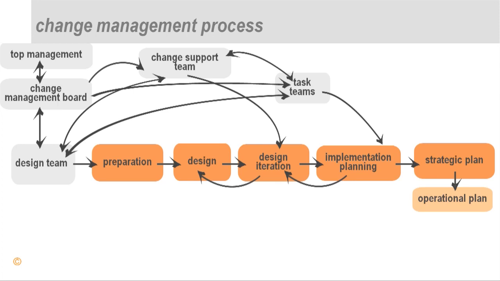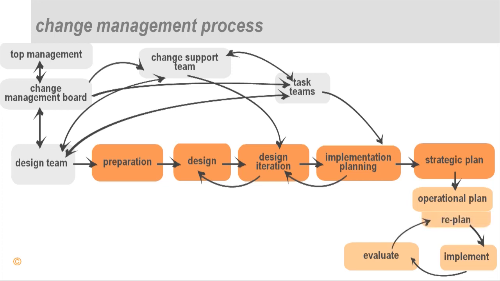The design will be implemented through the action steps that are determined on the basis of the operational plan. Their implementation will be evaluated, and if necessary, there will be a change in the plan. Otherwise, the action step will be maintained.